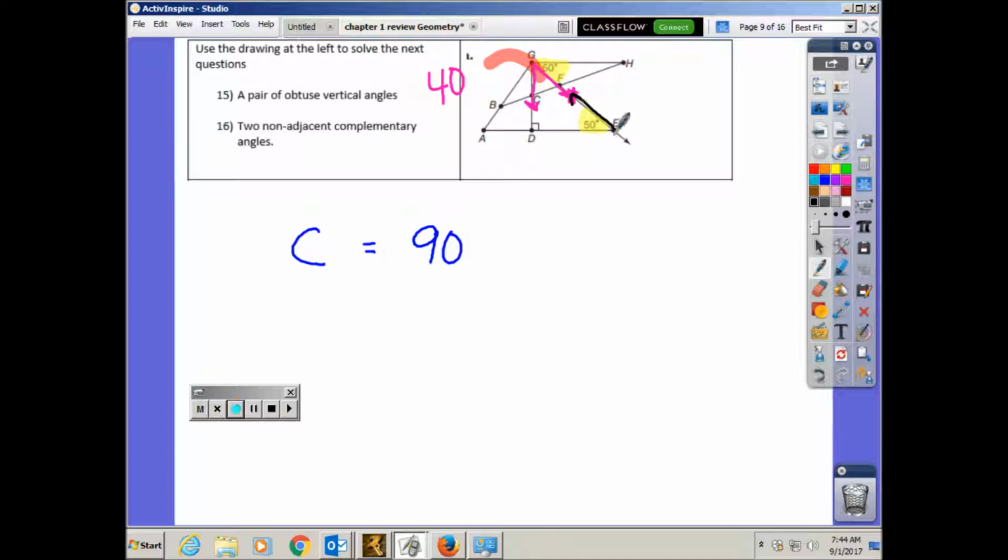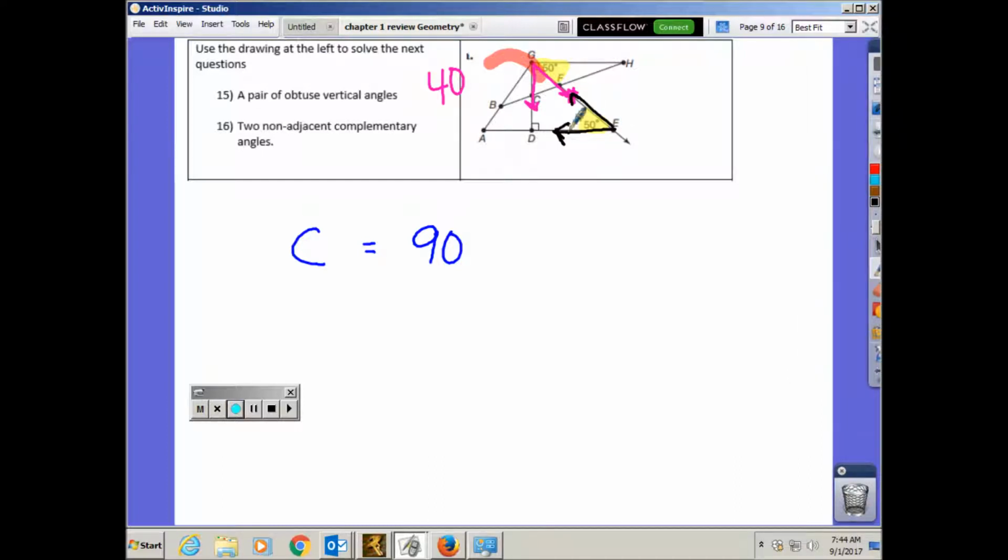I'm going to talk about this for a second. So my two non-adjacent angles are angles CGF and angle DEF. So I want to point something out here. You can see that these two angles actually look like they have a common ray or common side because they're going to overlap.